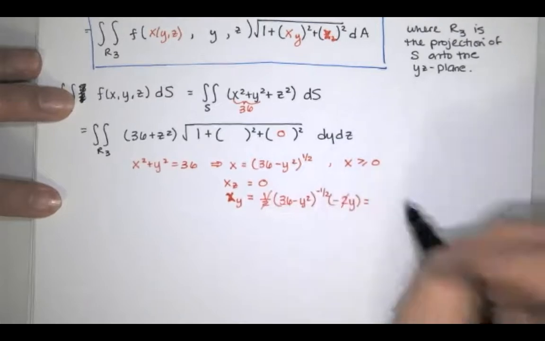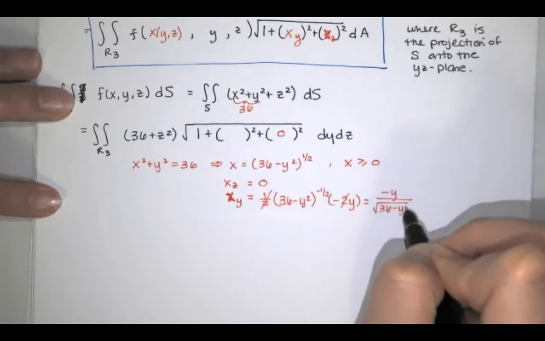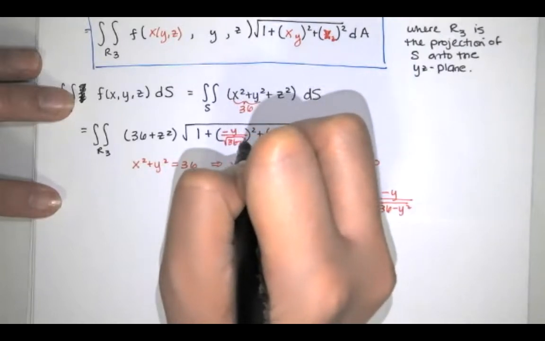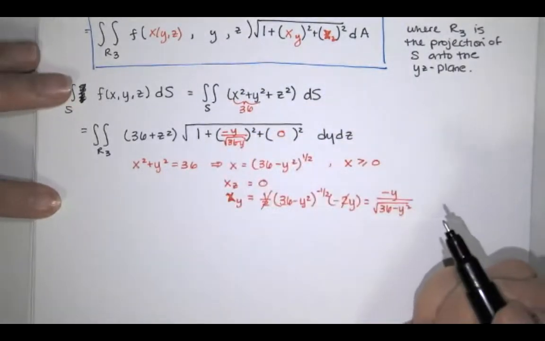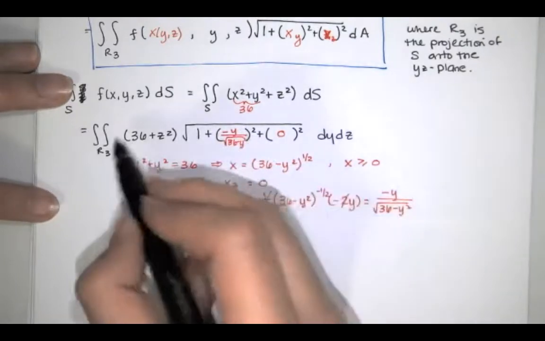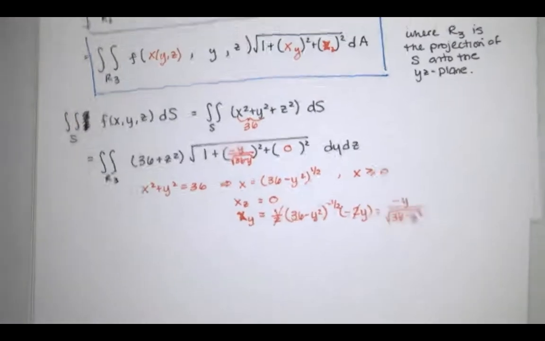The 1/2 and the 2 reduce, and we end up with a negative y over the square root of 36 minus y squared. Right there. Okay, so we're going to square this, probably get a common denominator, and then we need a description for the region R, and then we'll be all set.